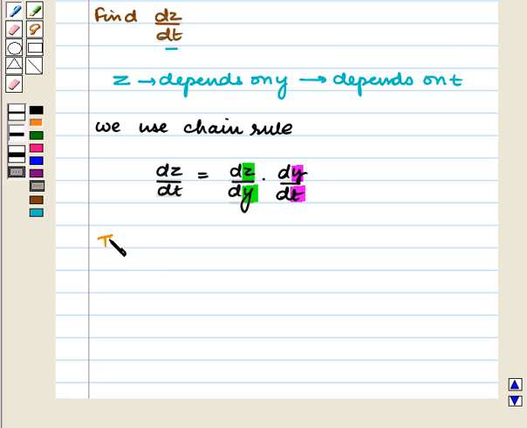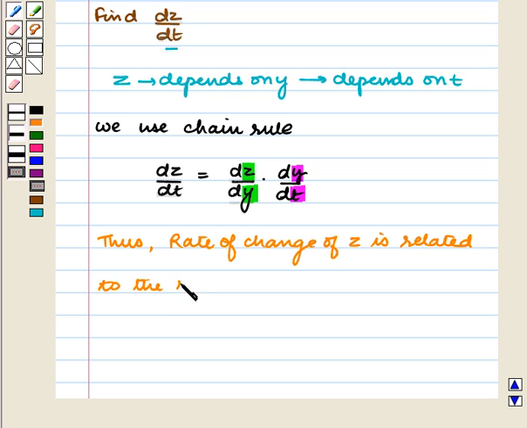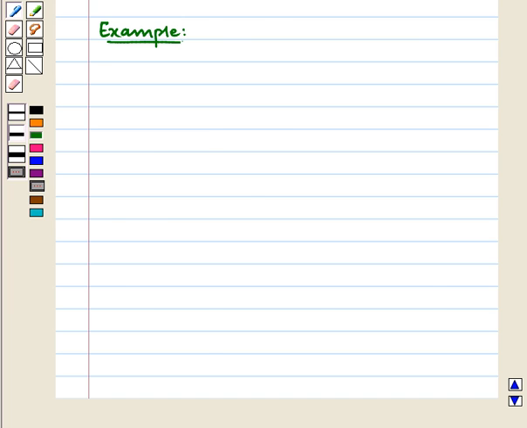And thus, the rate of change of z is related to the rate of change of y. Let us see one example.